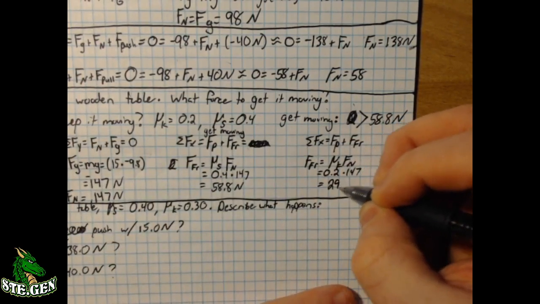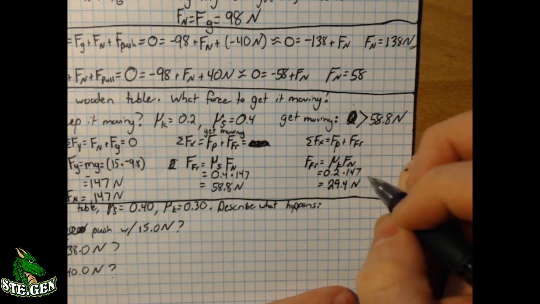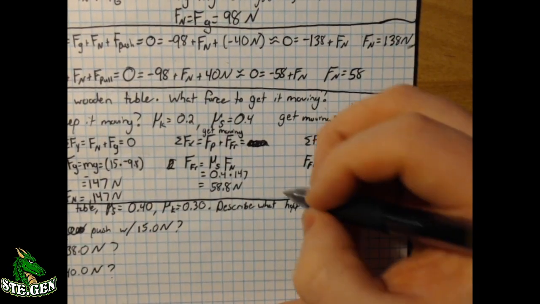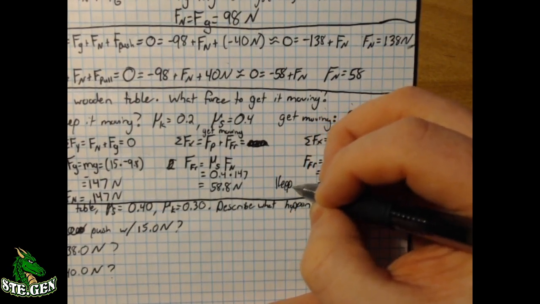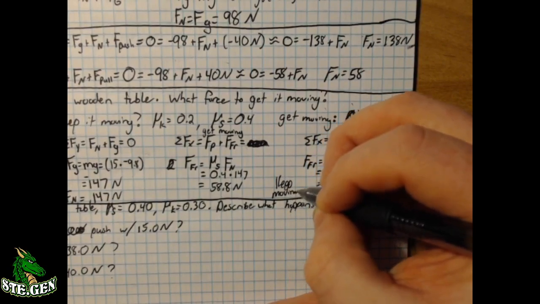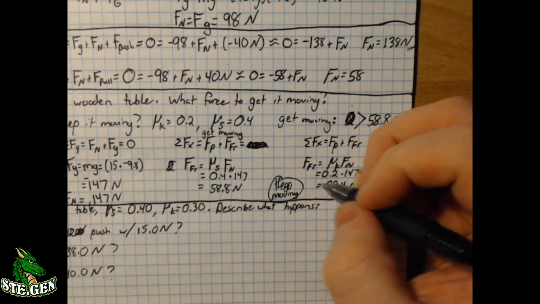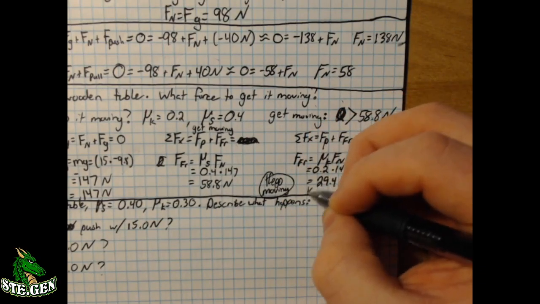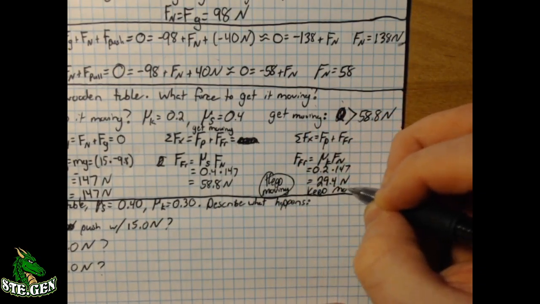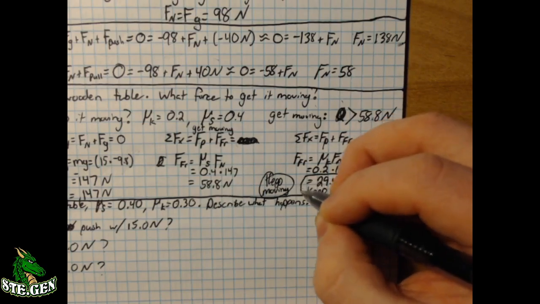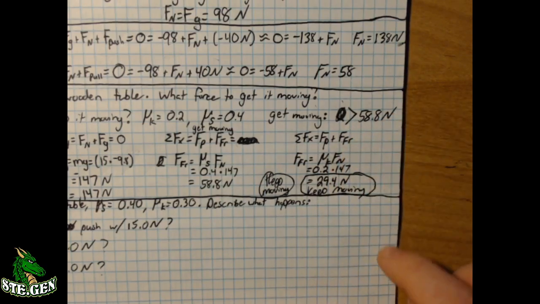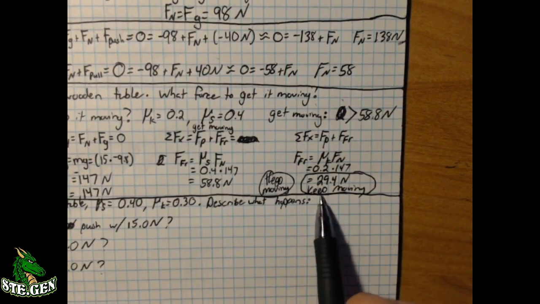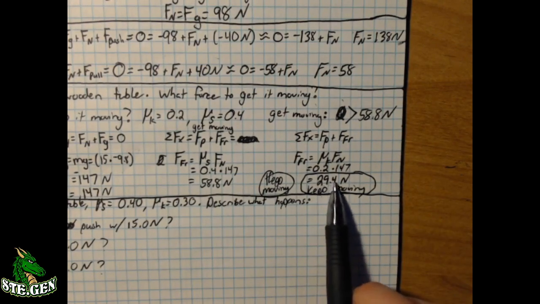So you get 29.4 newtons. Here. That's what I get for starting my circle and not knowing where I was going. Again, if you can't tell, I'm a little exhausted. So to keep it moving, you're going to need 29.4.